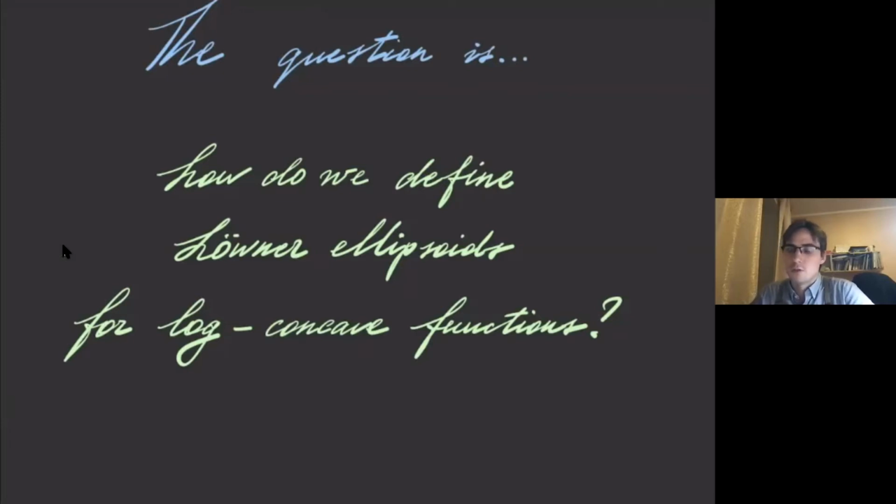Just because, in the example I've shown you before, you have seen that an indicator function of a convex body is a log-concave function. So you could think that you can just try to formulate some results about log-concave functions if you know some theorems about convex bodies.